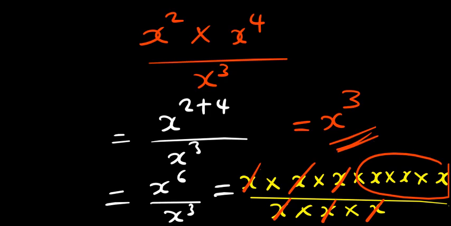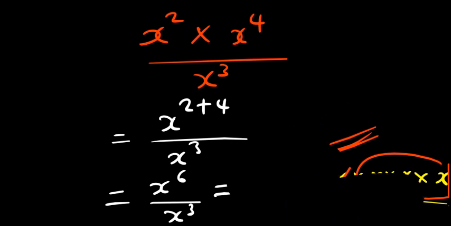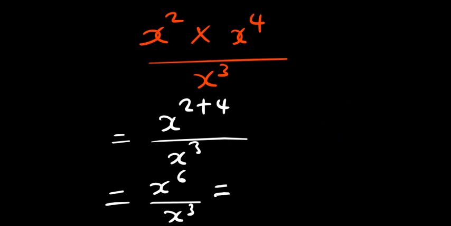Or the way we've been doing, because we're dividing, allow me to just write it here on the same page. We have x to the power 6 over x to the power 3. The over means you are dividing, right? So it just means you are dividing by x to the power 3 down. So now how do you solve this one? Like we've always been doing, because the bases are the same, you're going to subtract the powers.